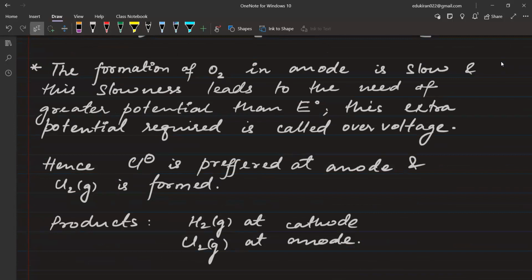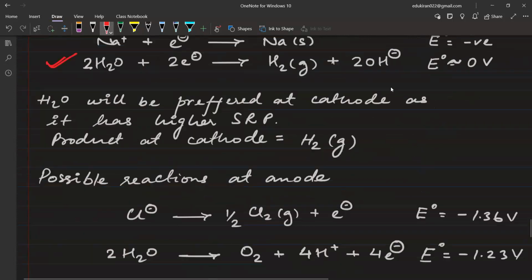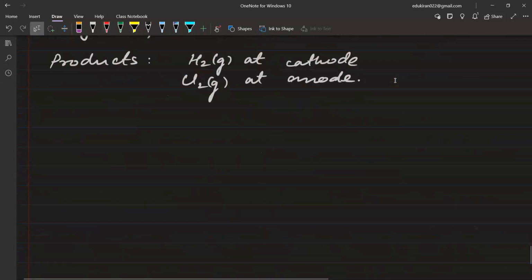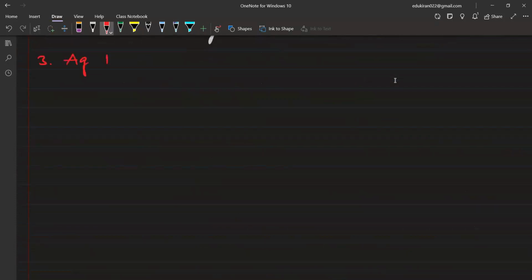Okay. Right, next. Aqueous H2SO4 with platinum electrode. This will be third, right?